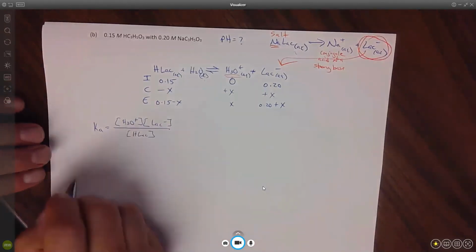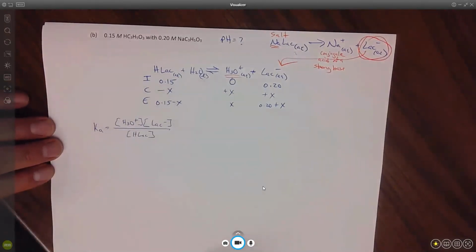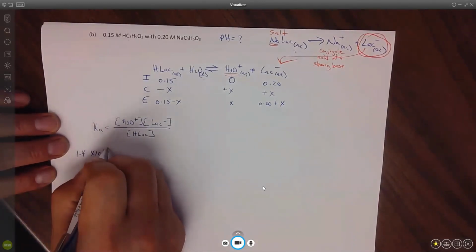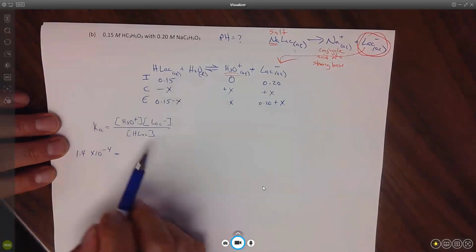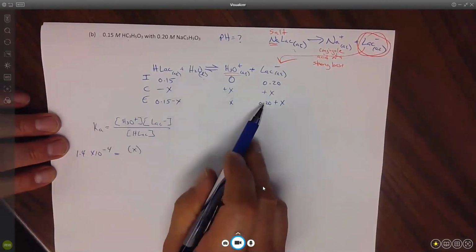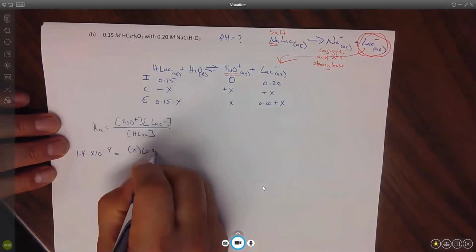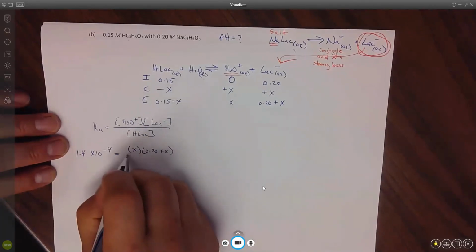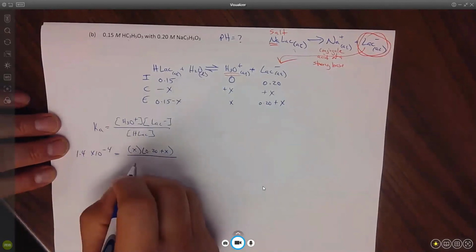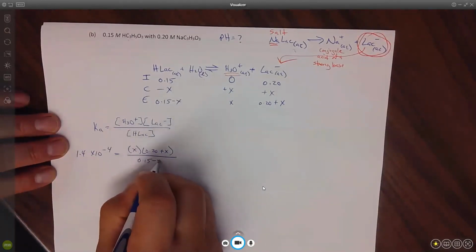We'll fill in our values. So we've already determined that the Ka of lactic acid is 1.4 times 10 to the negative 4. Hydronium is X. The lactate ion is 0.2 plus X. And then the lactic acid is 0.15 minus X.